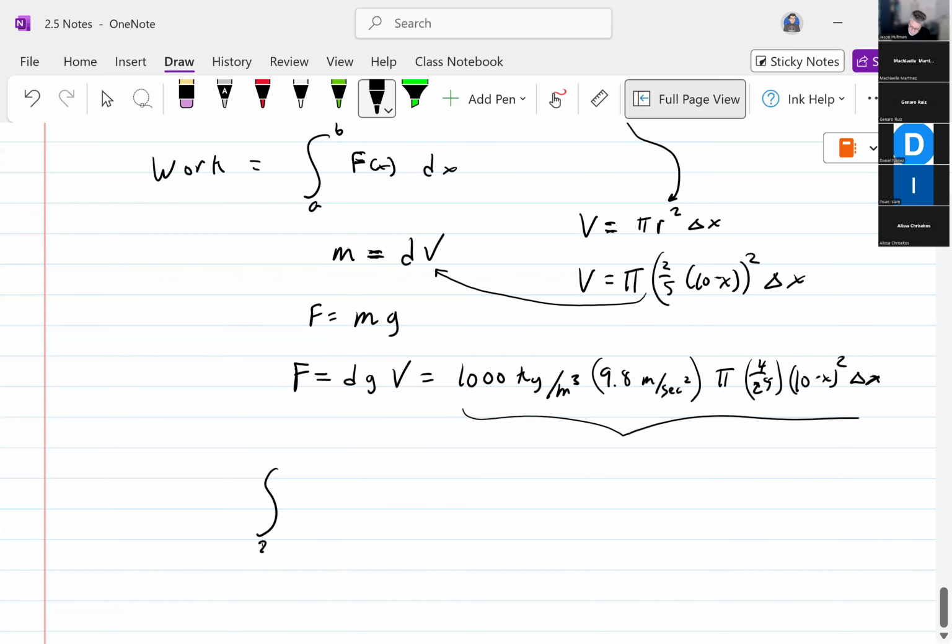When the tank is empty, just before it's empty, that very last infinite sheet had to have traveled all the way up the tank at 10 meters. When I bring this inside, this delta x becomes an x, because I've got to sum all of those delta x's from 2 to 10.